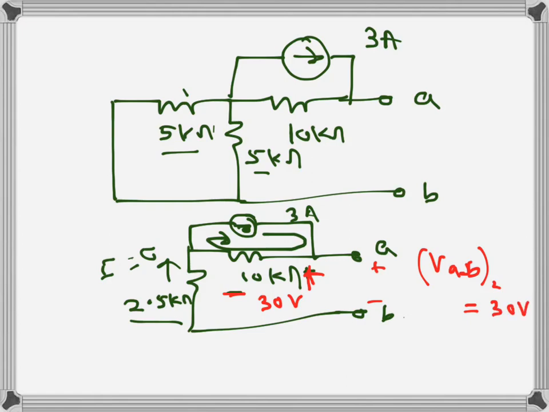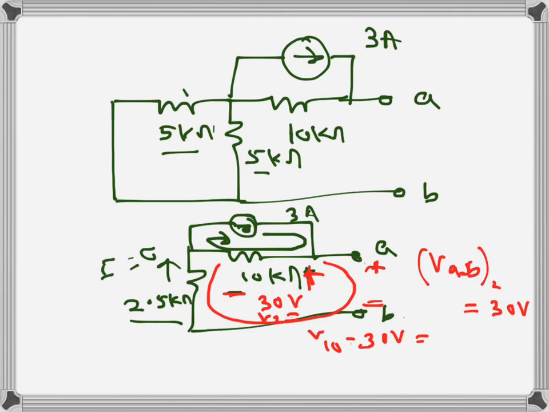VAB will be the same as this voltage, which we can say is V2, the voltage drop across 10 kilo ohms, V10, that is 30 volts, and this is equal to VAB. If we apply KVL in this whole loop, we can see that. So VAB2 is 30 volts.